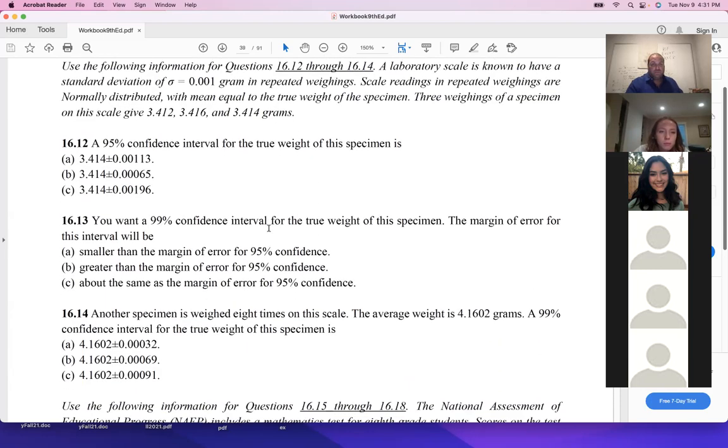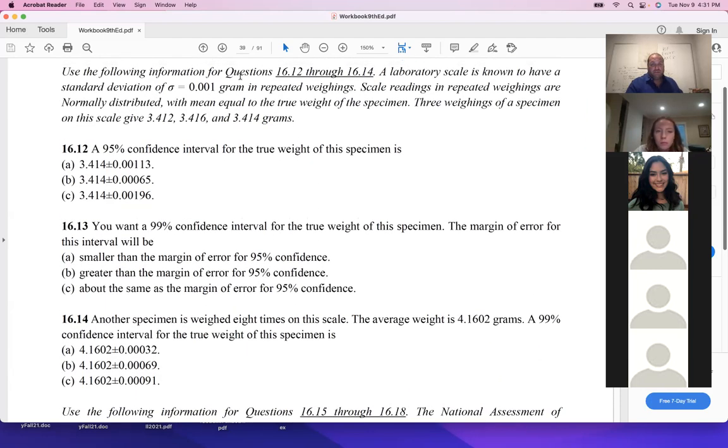All right, so here we have a problem. We have some information here on top, and that tells us we're going to use it for 12, 13, and 14.